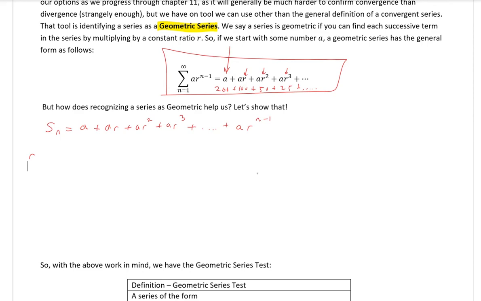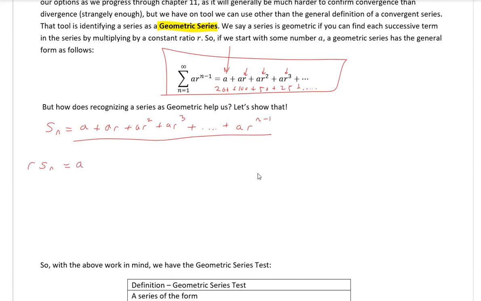This is kind of a trick to solve these. You won't need to memorize this, but this is a common method to solve these kind of strange summations. I see all these have r on them except for one of the terms, a. So let's see what happens if I took that entire summation and multiplied it by r.